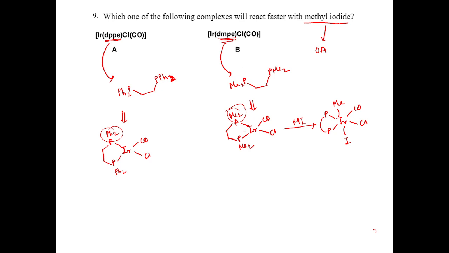I mean, the electron density on the metal center will be much more when the methyl conjugated ligand is bound. But in the case of the phenyl conjugated ligand, the electron density will be much less. That's why this B complex will undergo the oxidative addition reaction with methyl iodide in a faster manner. So the answer will be this one.